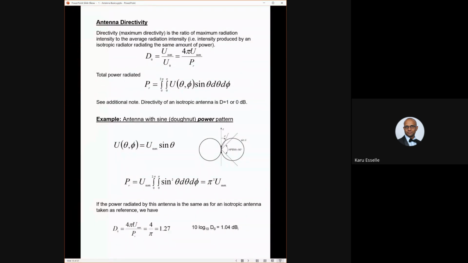So an isotropic radiator has a linear gain of 1 and a decibel gain of 0 dBi. That is the reference. That is the hypothetical isotropic radiator. All the other antennas should have directivity greater than 1 in linear scale, or greater than 0 dBi in decibels.